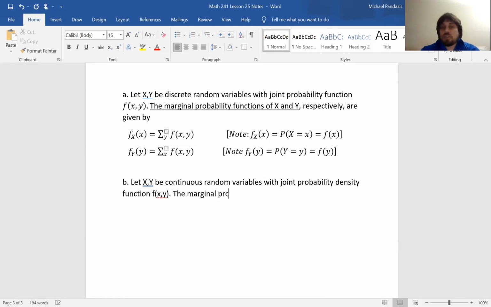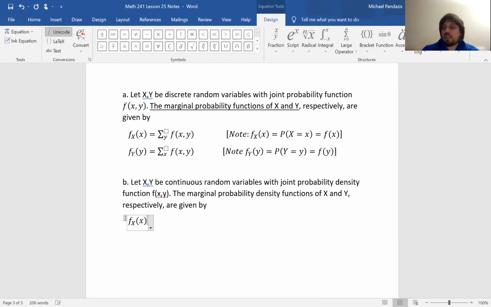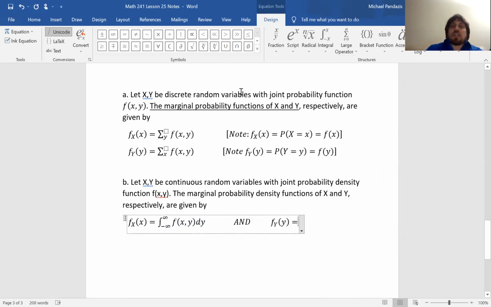The marginal probability density functions of X and Y respectively are given by f sub X of x, which is equal to the integral from negative infinity to infinity of f of x comma y dy, and f sub Y is equal to the integral from negative infinity to infinity of f of x comma y dx.